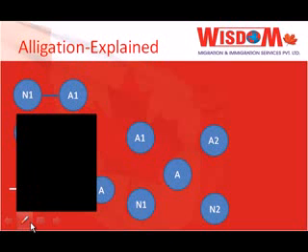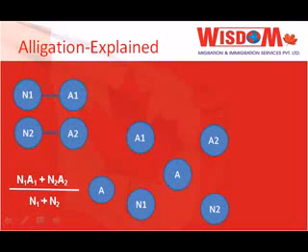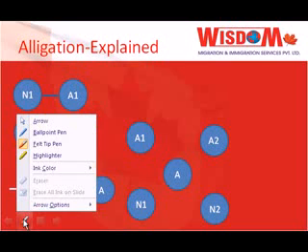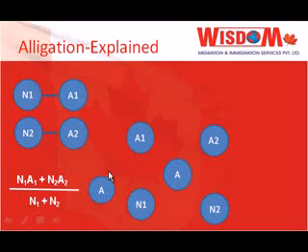Now this is A1, the average of the N1 items. This is A2, the average of the N2 items. So these are all the rates.